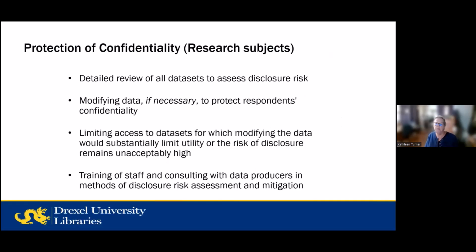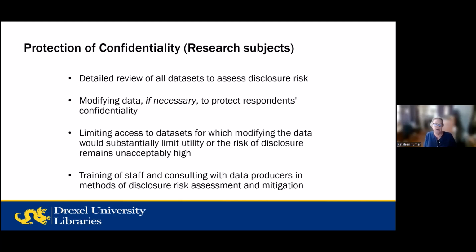So a little bit more about that protection of confidentiality for research subjects. Again, there's a detailed review of data sets to assess the disclosure risk. That might include modifying data if necessary to protect respondents' confidentiality.